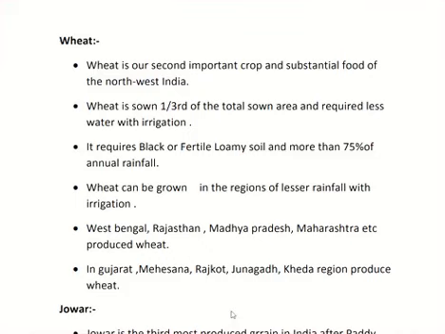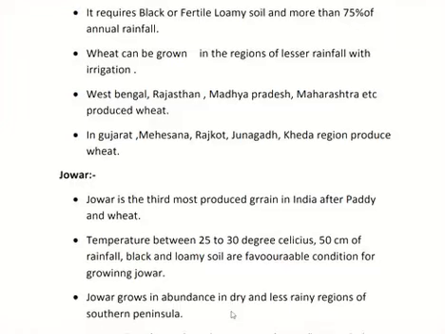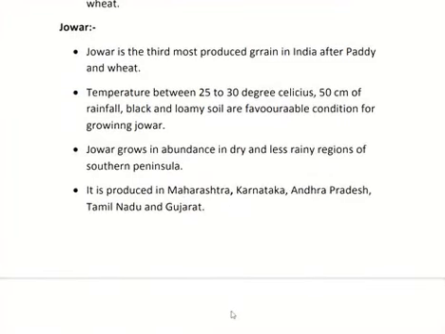Now, another food grain is jowar. Jowar is the third most produced grain in India after paddy and wheat. For jowar cultivation, we require a temperature between 25 to 30 degrees Celsius, 50 centimeters of rainfall, and black and loamy soil, which is favorable for growing jowar.